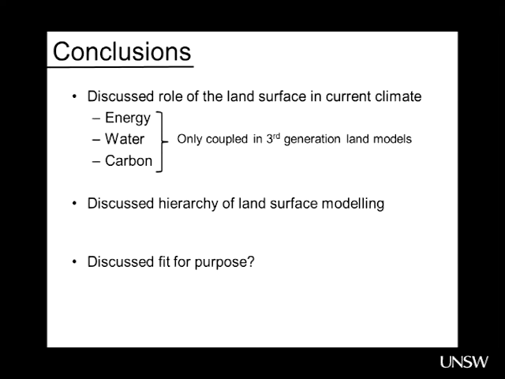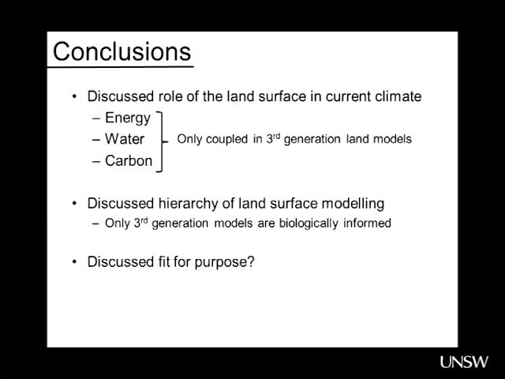If you're interested in those sorts of things, carbon balance, response of vegetation to double CO2, evolution of landscapes under climate change, changing landscape vulnerability to drought or heat waves, those sorts of things, you need to be careful with the land surface scheme you're using and make sure it properly couples energy, water, and carbon.